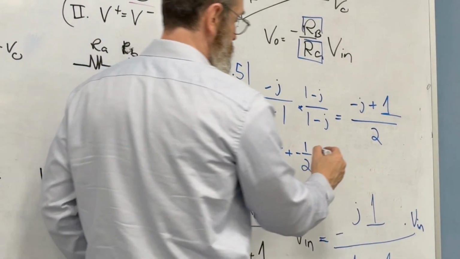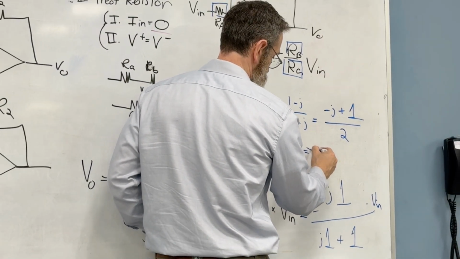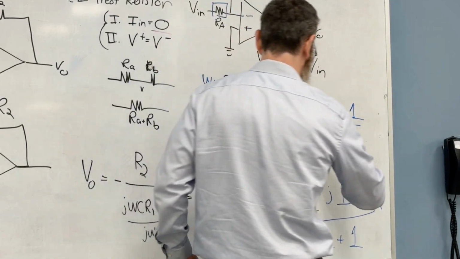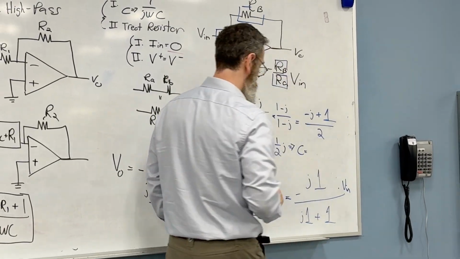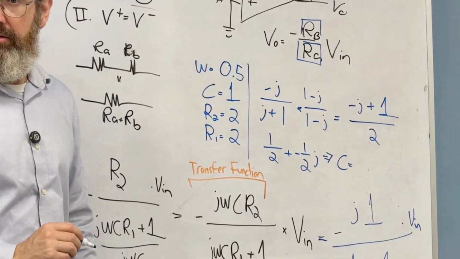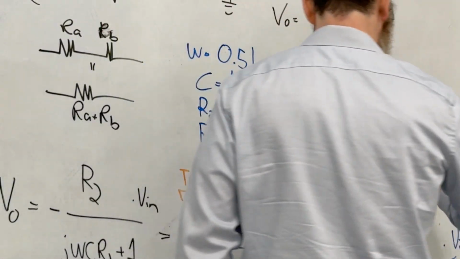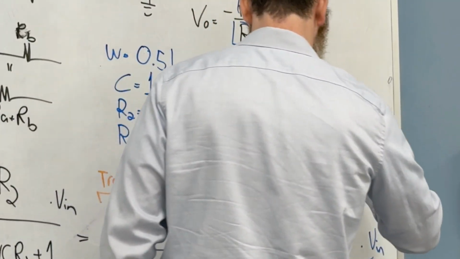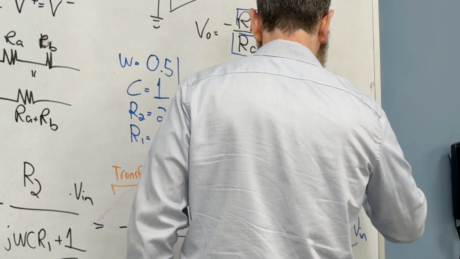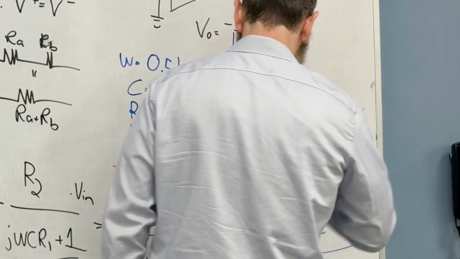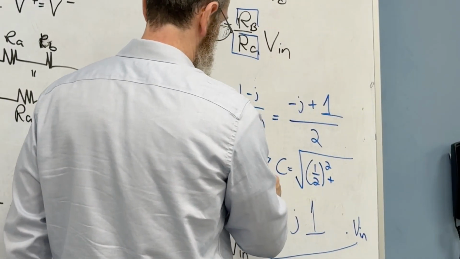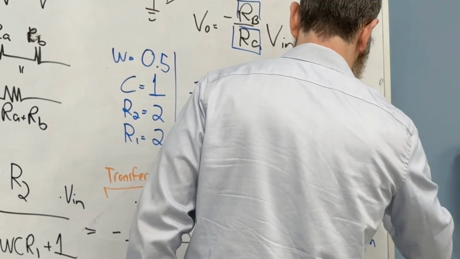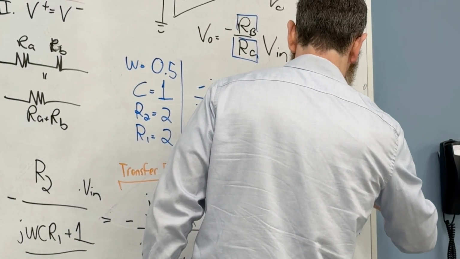And now I'm going to convert this to the c term, where c is going to equal the square root of half squared plus minus half squared. So I'll just say minus half squared.